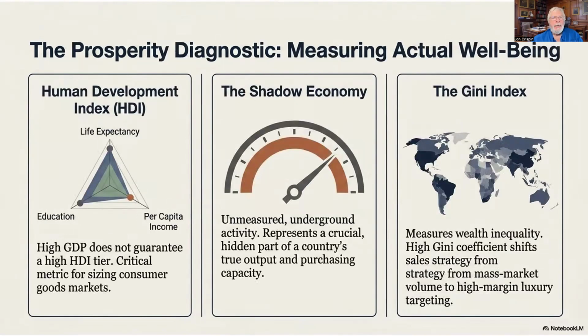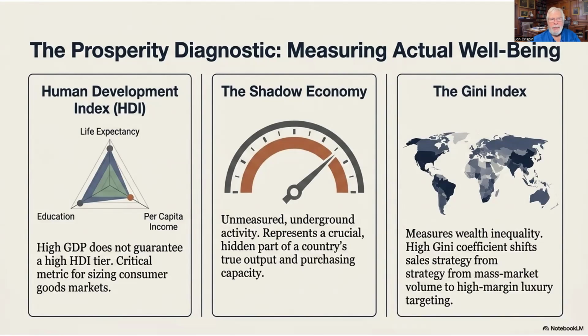Prosperity diagnostics measure the actual well-being of a country. It can be divided into the Human Development Index, the Shadow Economy, and the Gini Coefficient Index. First of all, the Human Development Index is kind of interesting. It says a high GDP does not guarantee a high Human Development Index.